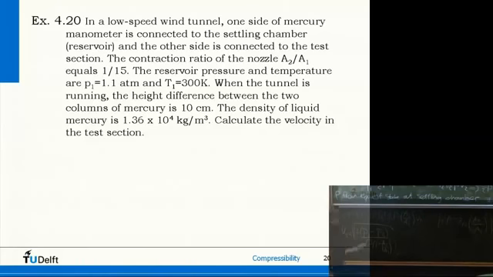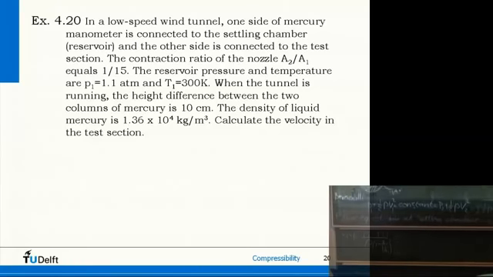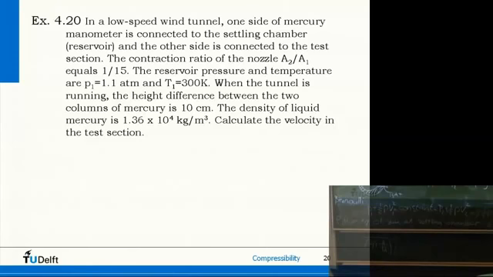So now it's simple substitution. Well, we didn't compute the P1 minus P2 actually here. It is 1.33 times 10 to the power 4 newtons per meter squared. So what you use here is rho mercury, which is given there, 1.36 times 10 to the power 4 kilograms per meter cubed.